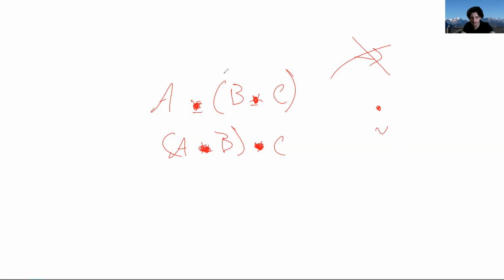That's associativity, De Morgan's, contraposition, exportation. Let's go ahead and just finish off the list real quick. Exportation is an equivalence rule.